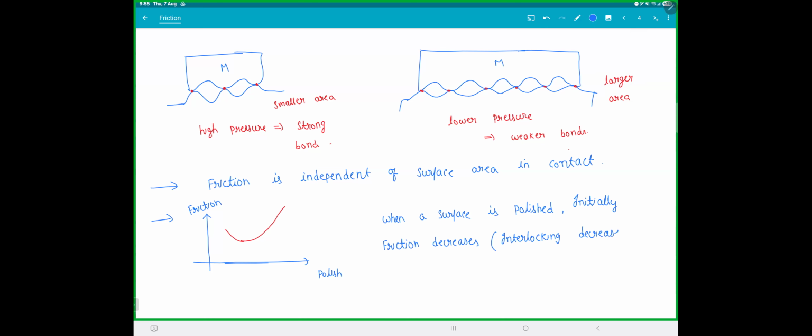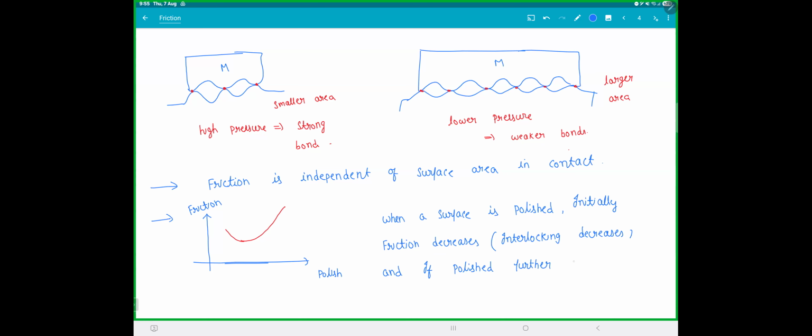But if you continue to make it more and more smooth, now you're bringing more and more bonds into the picture. Remember, whenever you're polishing surfaces, you're changing the nature of the surface. It is not the same surface anymore. The surface has become more polished, so there will be more bonds and more surface in contact.